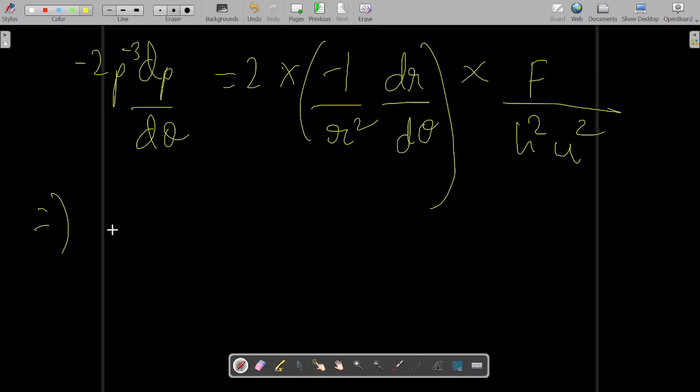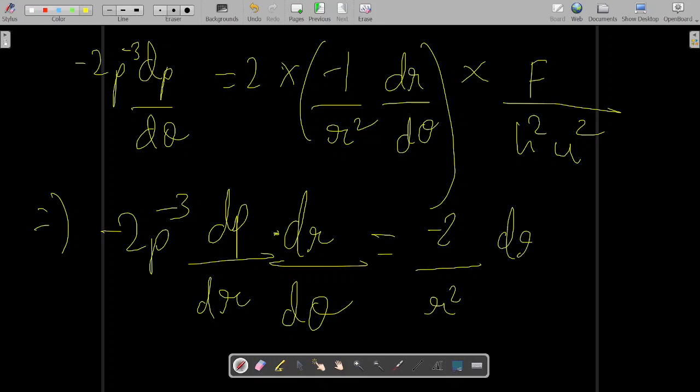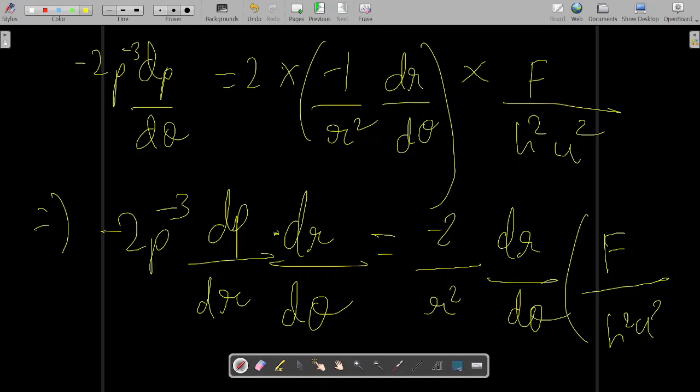So that implies minus 2 p to the power minus 3 dp by dr into dr by d theta is equal to minus 2 by r square dr by d theta f divided by h square u square.